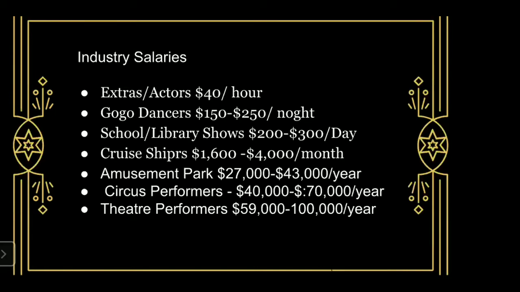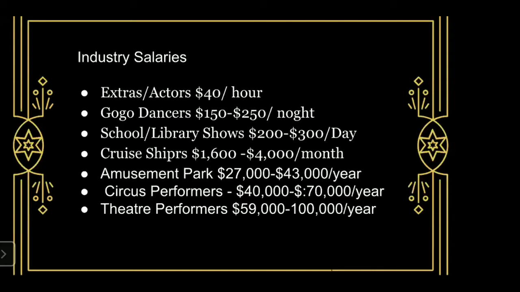And then we have theater actors. Okay. And these people tend to work a short run of a show, which could either be a week or a few months. But when we add it up, if they were working in their full-time theater show with very little time off, breaks between their shows, they could be earning anywhere between $59,000 and $100,000 a year.